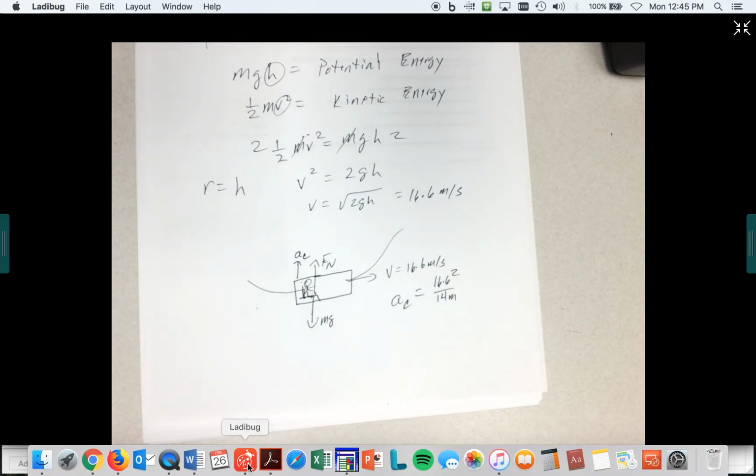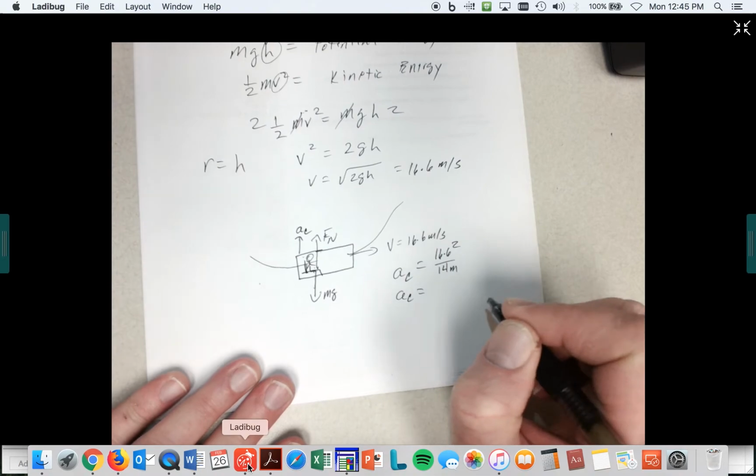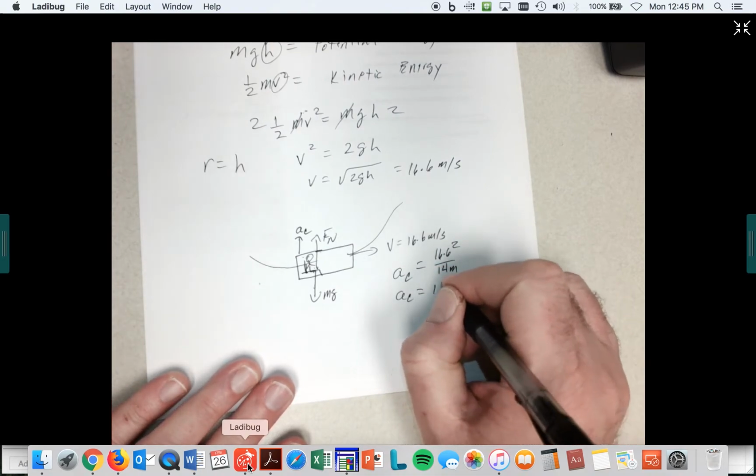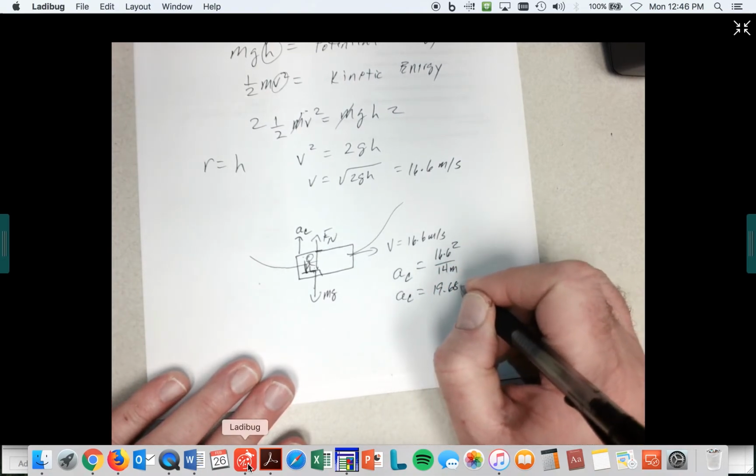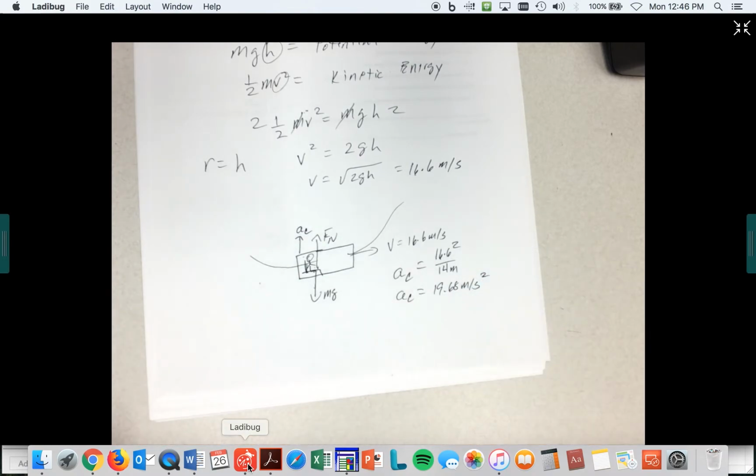So we've got 16.6 squared divided by 14. That is the acceleration, which is equal to 19.68 meters per second squared. That's like around 2 G's.